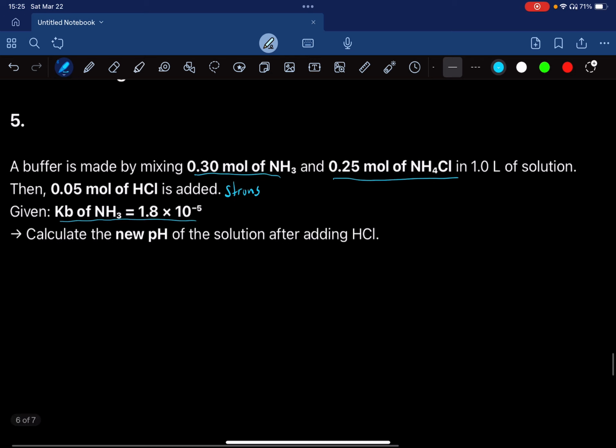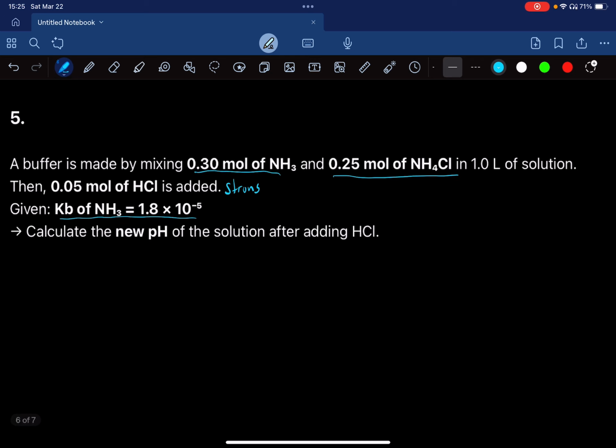Okay, so first, let's begin by writing the equation like we did for question 2, negative log of the acidic constant, that's our pKb, plus log. Now, we're not going to convert it into molarity. We're going to keep it in moles. Why? Because when we add HCl, we're adding moles into the acid and we're taking some away from the base.